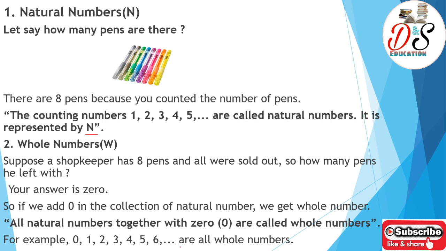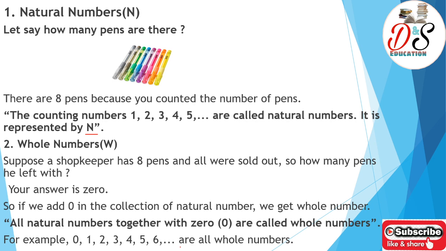Now from these two numbers, let me ask you a question. Can you tell me what is the smallest whole number or natural number? If you know which is the smallest natural number and whole number, then write it in your comment box.